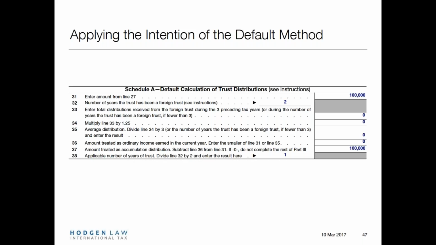And so if I look at it, the intention behind it is to look at historical averages and use historical averages as the over-under. And so if we say, well, this is the intention of the default method, to look at history and then apply history to make a judgment on this year's activity, it seems to me that that parenthetical, which reads now, "or during the number of years the trust has been a foreign trust," should really say, "or during the number of preceding years the trust has been a foreign trust."